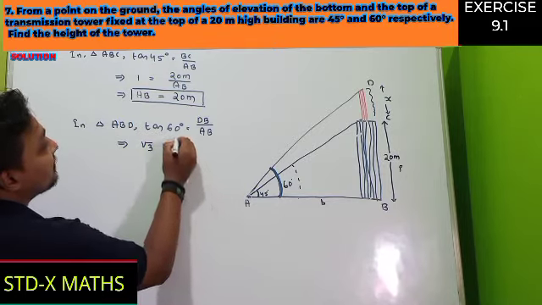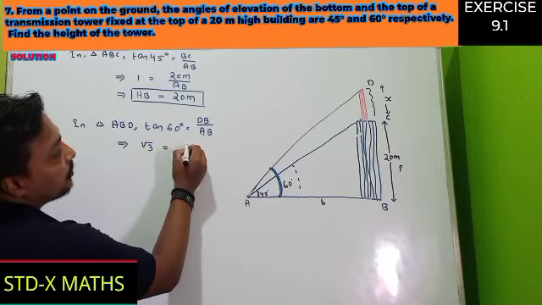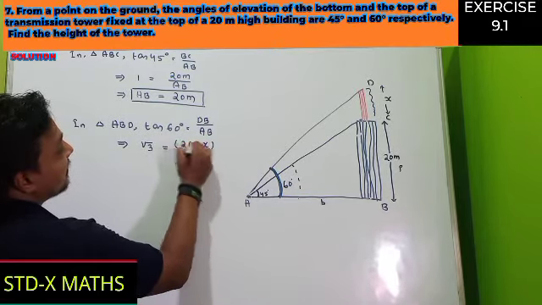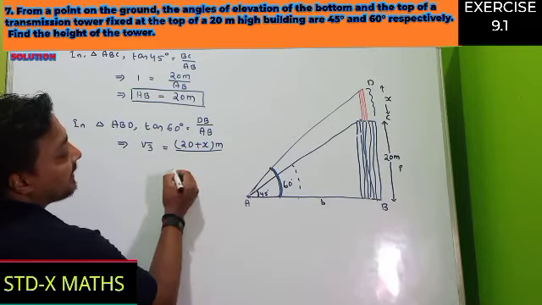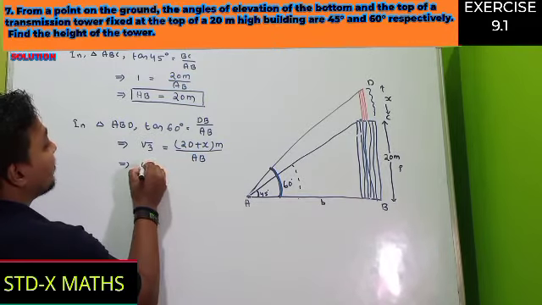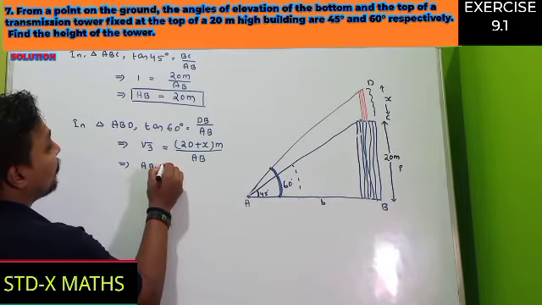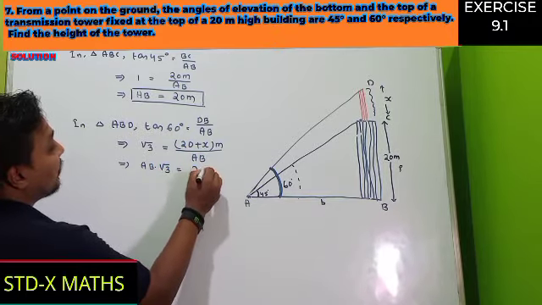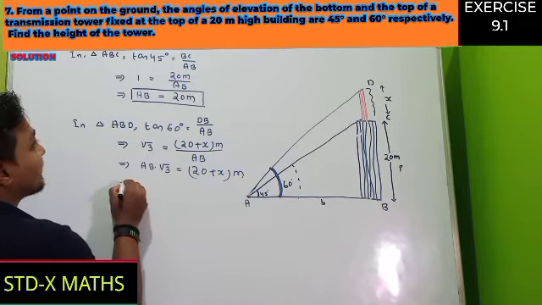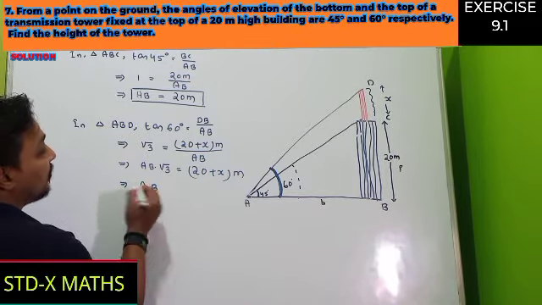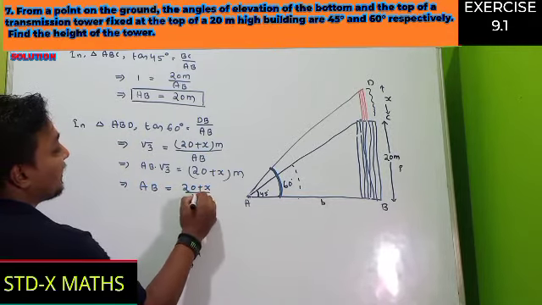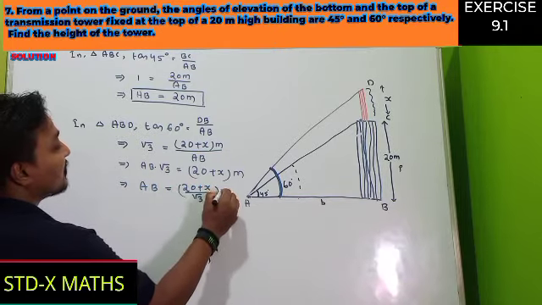DB equals 20 plus x meters, divided by AB. By cross multiplication, AB into root 3 equals 20 plus x, so AB equals 20 plus x divided by root 3 meters.